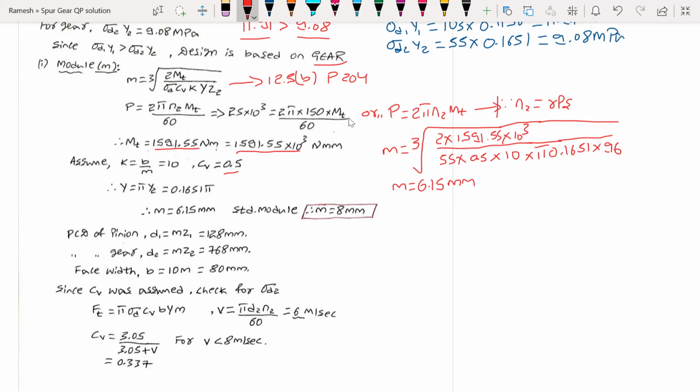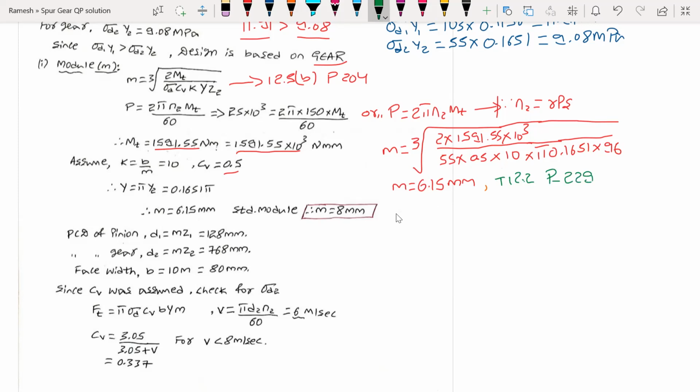I will tell you which table you need to refer to for the standard module. You have to refer to table number 12.2, which is there in page number 229.